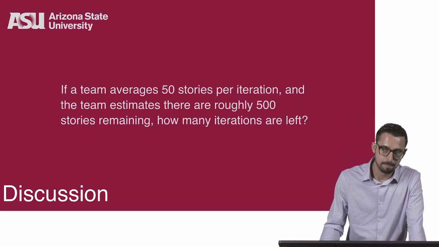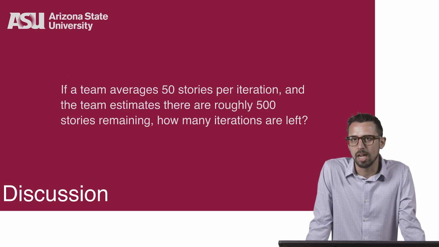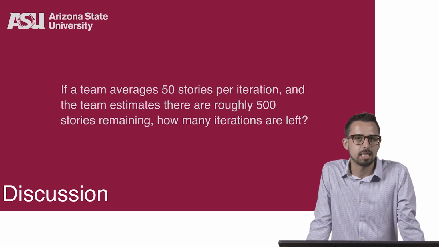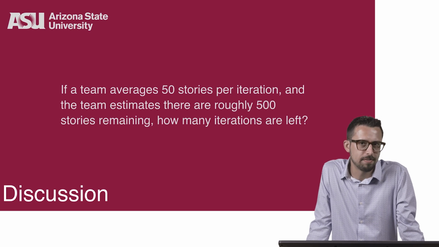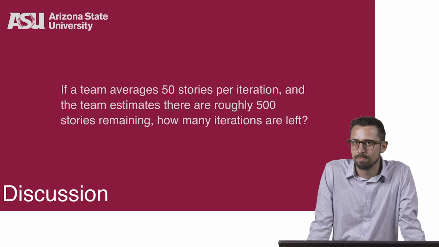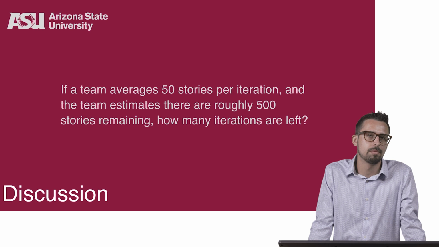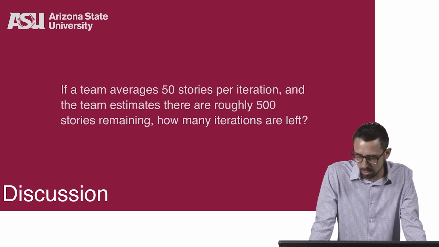As an example, if the team averages 50 story points per iteration and the team estimates there are about another 500 points remaining, how many iterations are left? Add what you think the answer to this is in Slack. Take a moment to respond there.